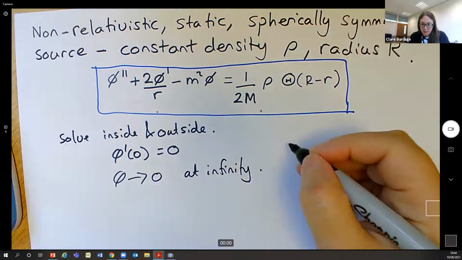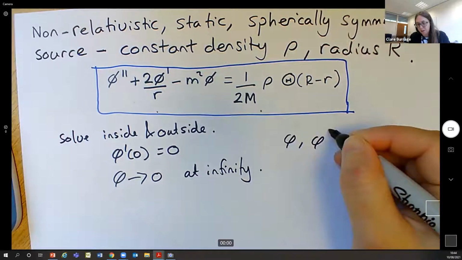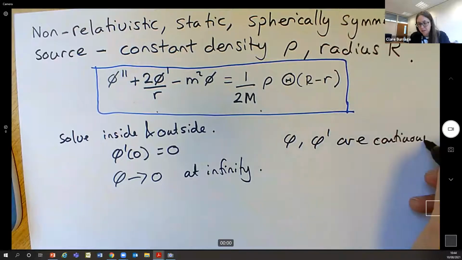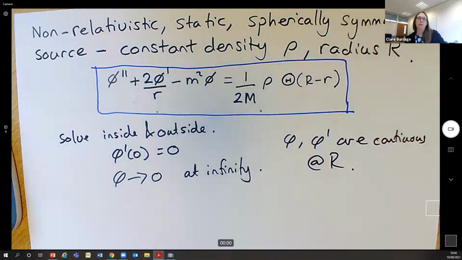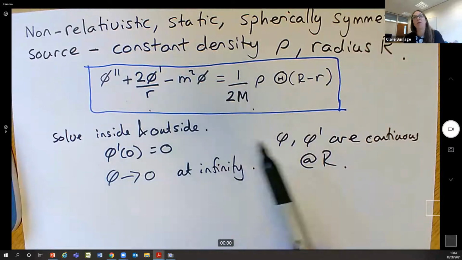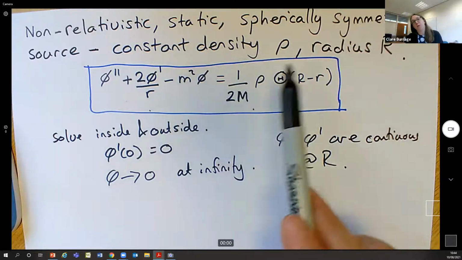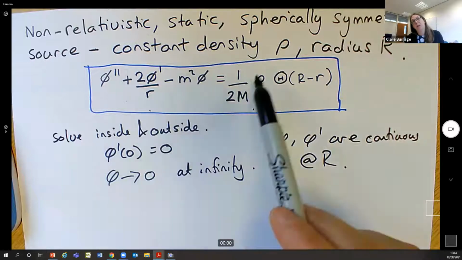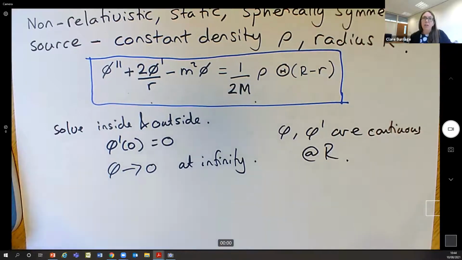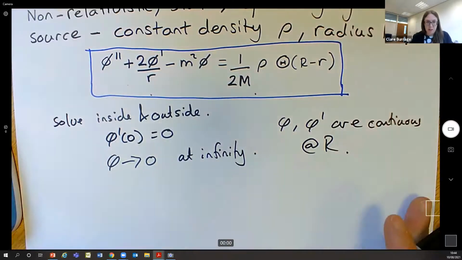And then that phi and phi prime are continuous at r. Okay, so there's no surprises there. Those are kind of the obvious boundary conditions that you would expect for a compact source sourcing a scalar field equation like this.